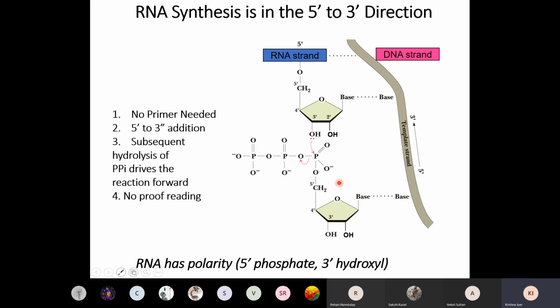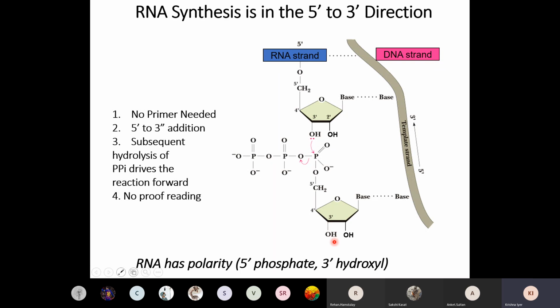This is the new base that has to be added. Let us say this base is A, then here it will be UTP. If it is G, then it will be CTP. Okay, and once this sits in place, then the 3' OH attacks this phosphorus, releases a pyrophosphate, and this one becomes joined to this polymer. Okay, so even RNA has polarity just like DNA. It has got a 5' end and a 3' end.